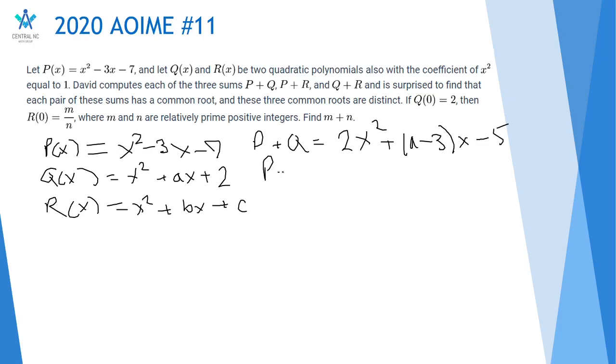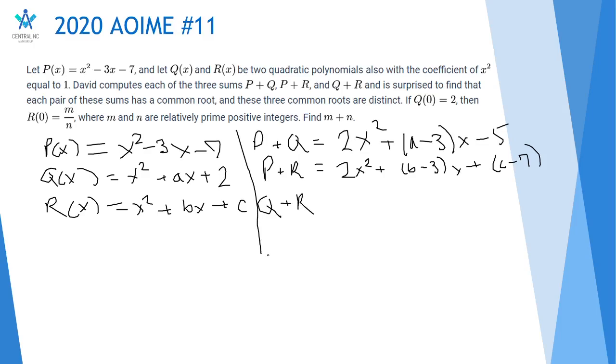P plus R is also equal to 2x squared, plus b minus 3x, and plus c minus 7. And then we get Q plus R. Let me just divide this so I don't mess up.